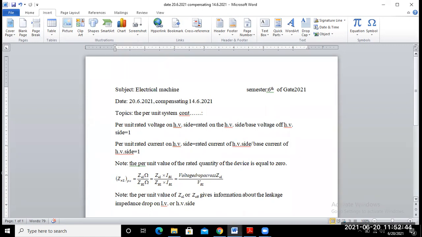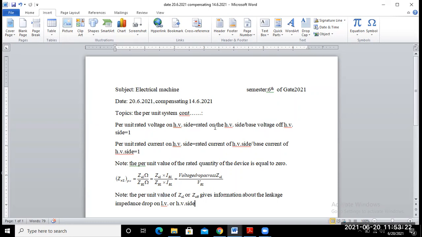If you want to find the per unit rated voltage on the HV side, what will it be? According to the definition of per unit, it is the actual quantity in any unit divided by the base value in the same unit.